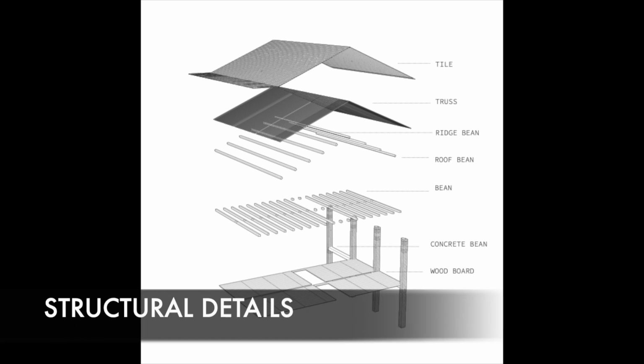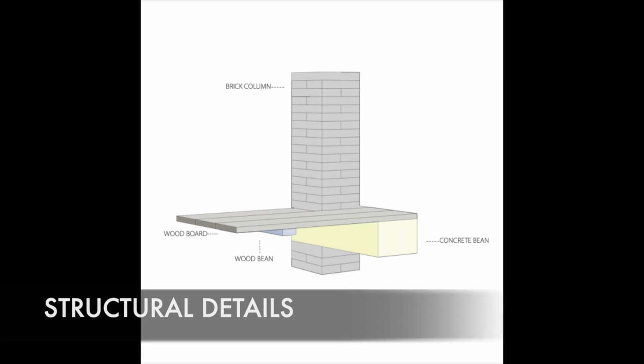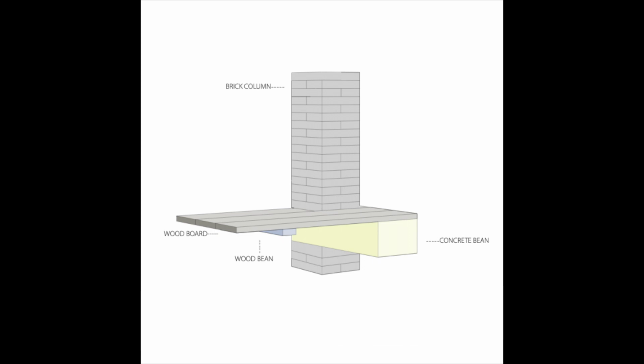And this is the exploded diagram of my structure. I separate the roof, the beam, the tiles, and the column. In this diagram, I want to show the structure of this building.